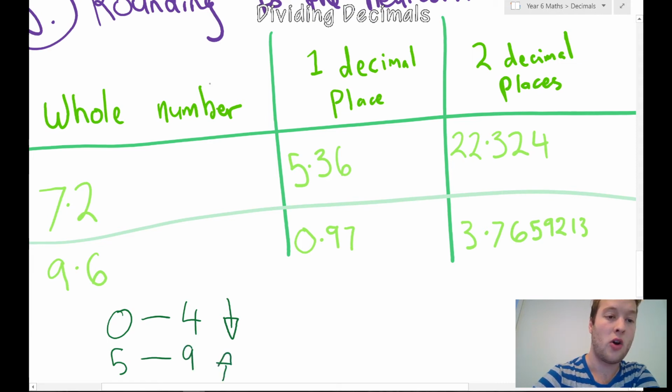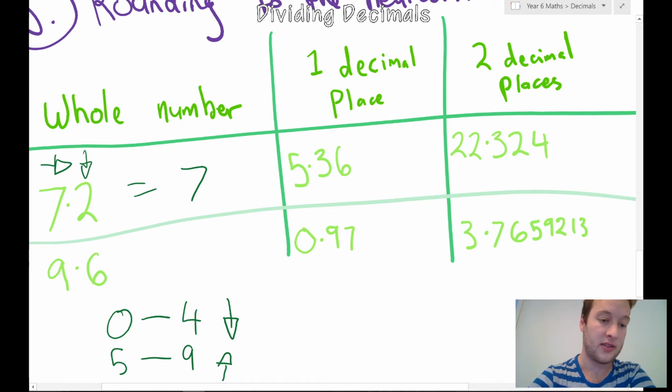I'm going to look at the tenths, the one to the right. It's a 2, which gives me this category, so my answer is 7. I don't write in my decimals because it's saying just the nearest whole number.